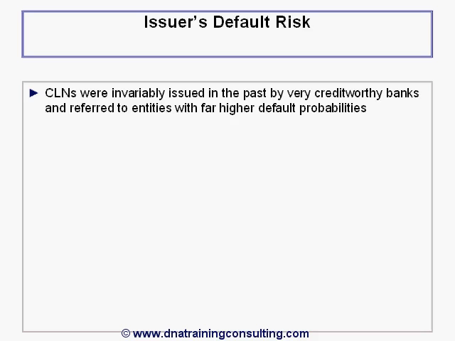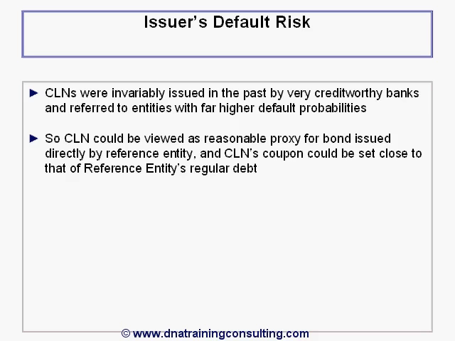This made it reasonable to view the CLN as almost a proxy for a bond issued directly by the reference entity, since the incremental issuer risk to which the note holder is additionally exposed was so negligible, and therefore it was reasonable to set the coupon under the CLN at a level close to that of regular debt of that same reference entity and having a comparable maturity.